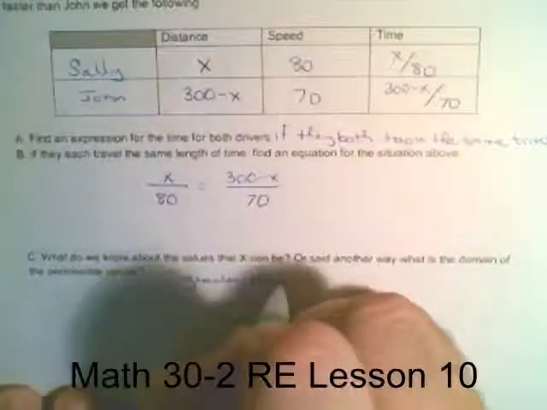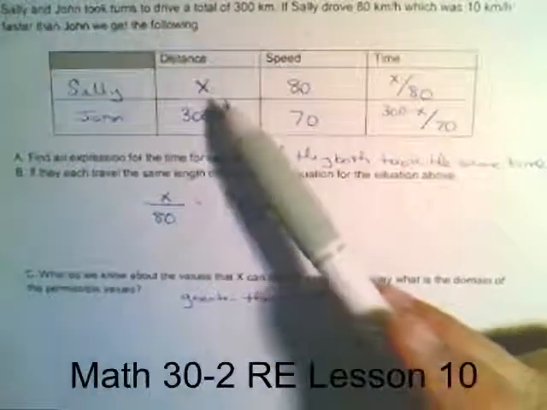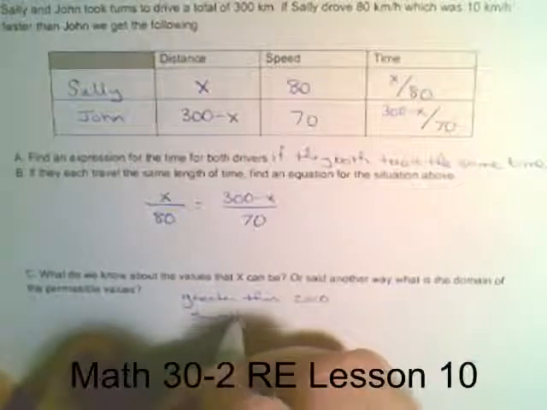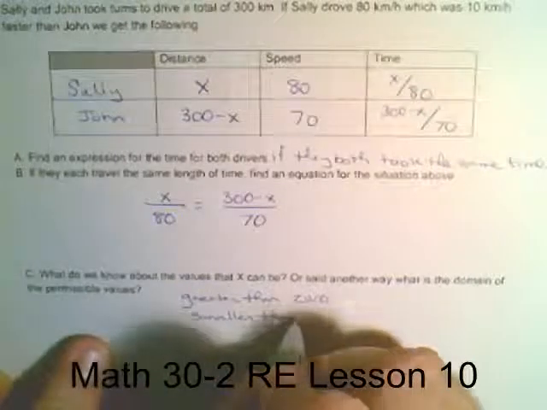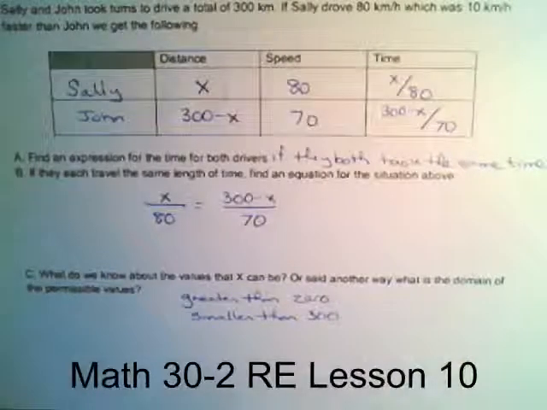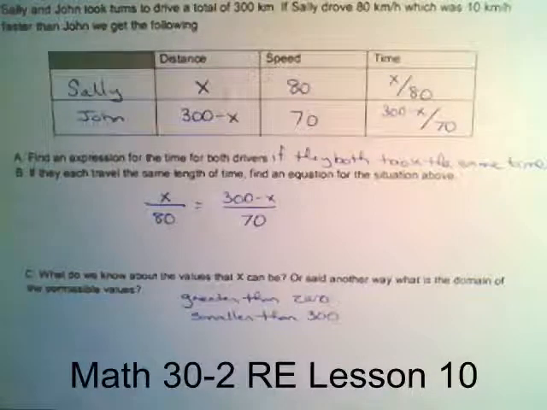What do I know about what x can be? Well, I know x has to be greater than 0. Why do I know that? X is a distance. You can't drive a negative distance. So it has to be greater than 0, and it also has to be smaller than, I can confidently say, 300.